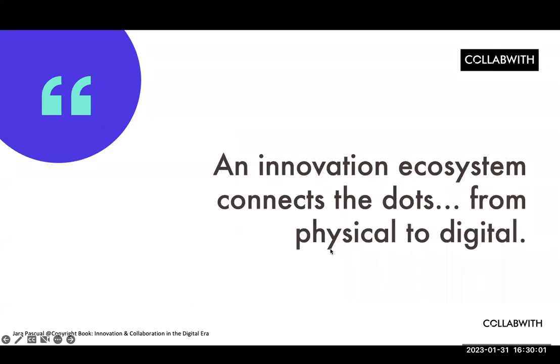An innovation ecosystem connects the dots from physical to digital and from digital to physical. You know the saying that innovation is connecting dots. So an innovation ecosystem connects local ecosystems, local people from different places, to work together to bring this innovation to the market.